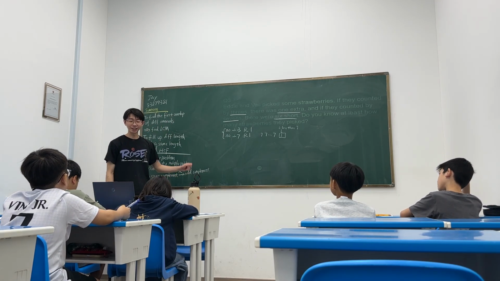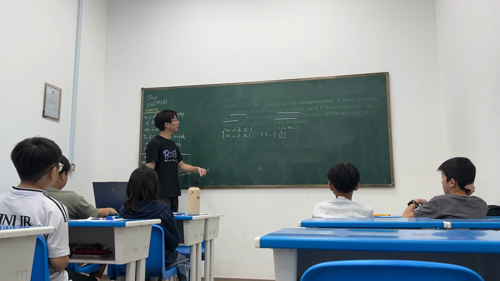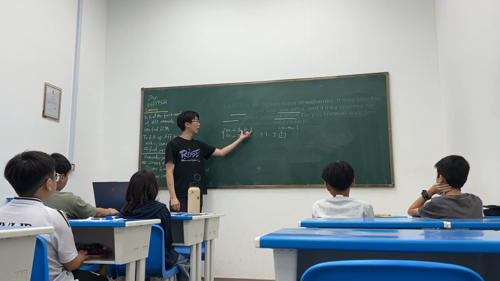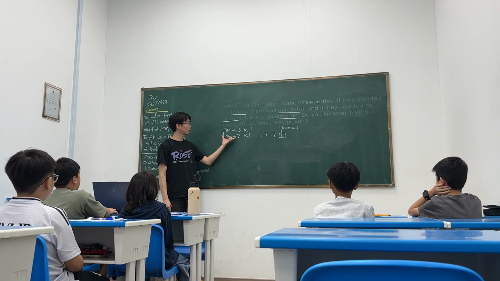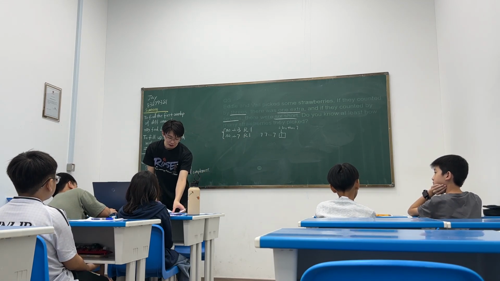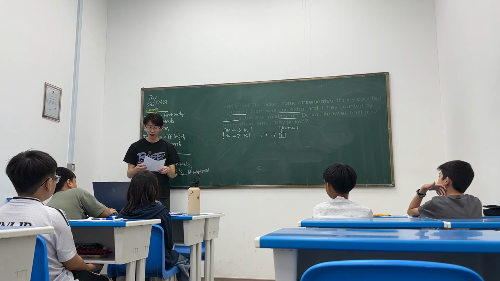Now let's take a look at this question. Please put your pens down and eyes on me. The question says if divided by 3 there was 1 extra, so the number when divided by 3 has a remainder 1. Also divided by 7 has a remainder 1. So how should we solve this question? This time let me ask, let's say, Jack, any idea?